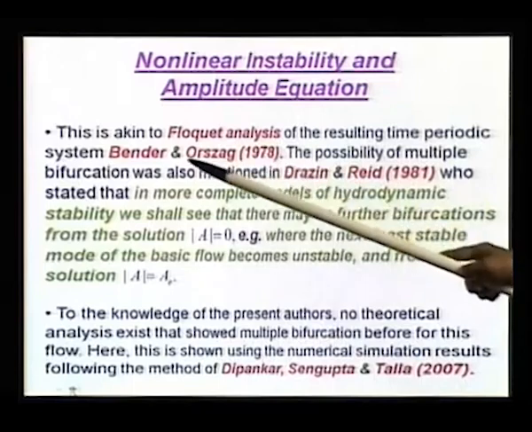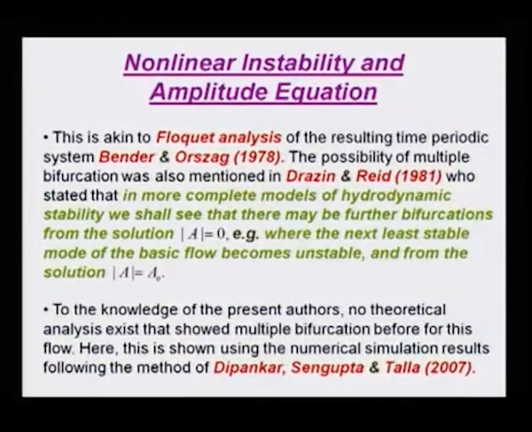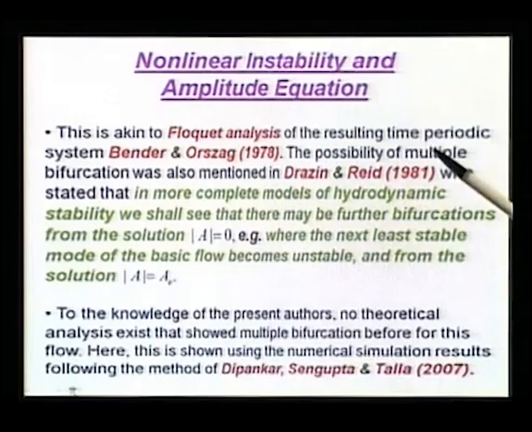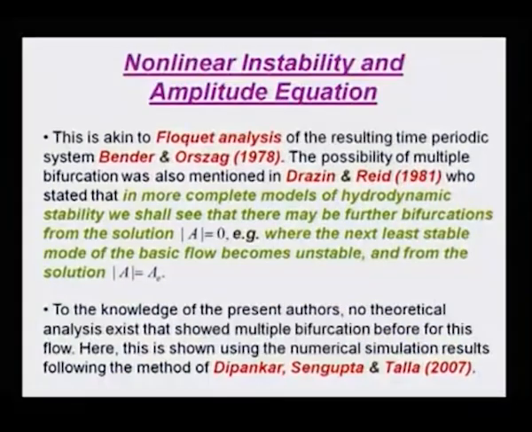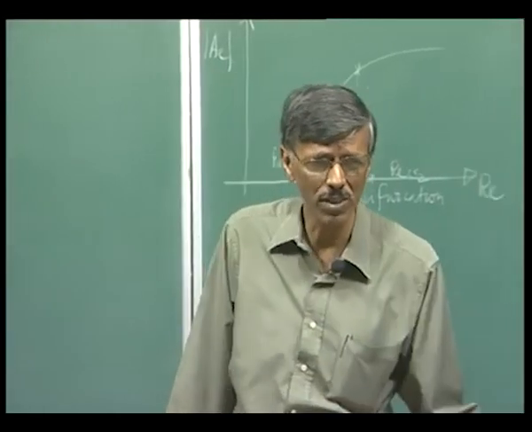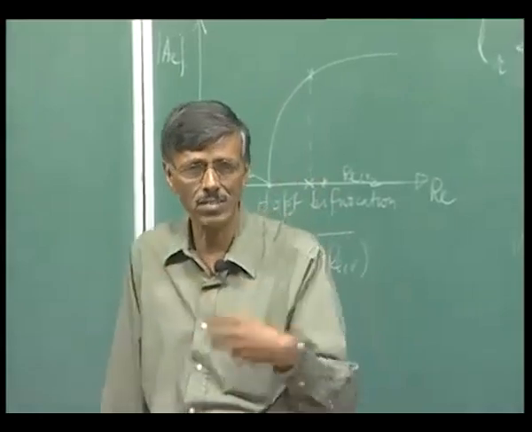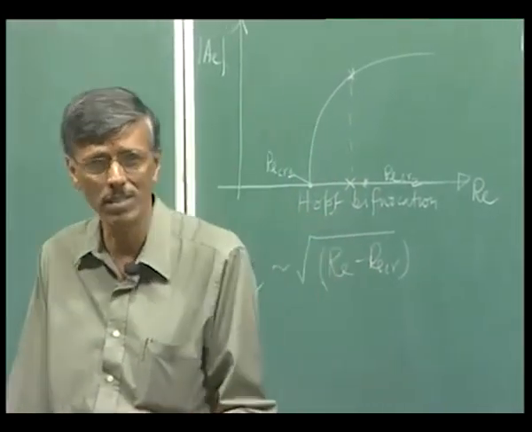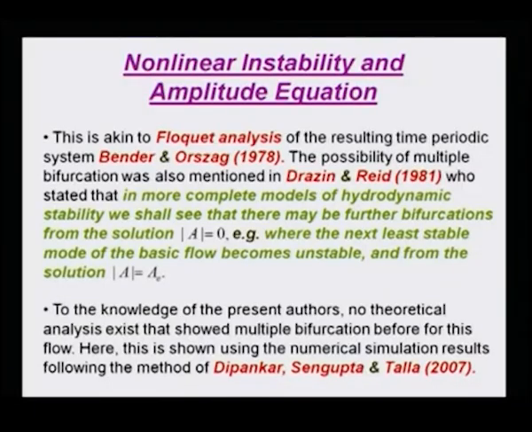You can see this book by Bender and Orszag that talks about instability of a time periodic system. It is a fairly decent way of looking at many time dependent systems in electrical engineering, when you are studying instability via ODEs, right. Now, if you get time periodic state, that state itself could be susceptible to further instabilities, and that is what is done.